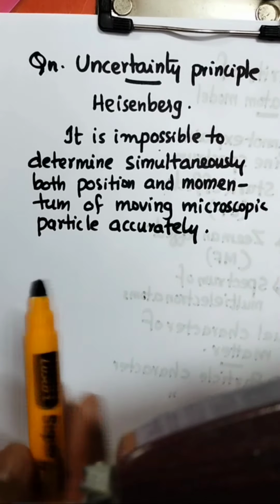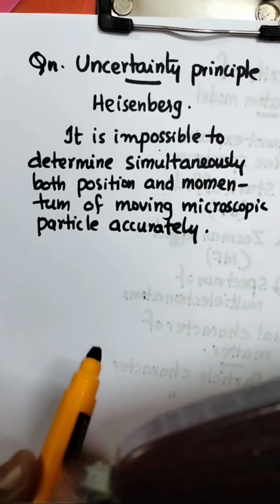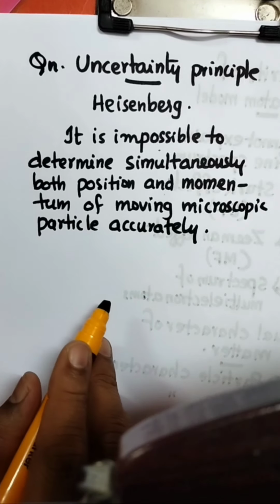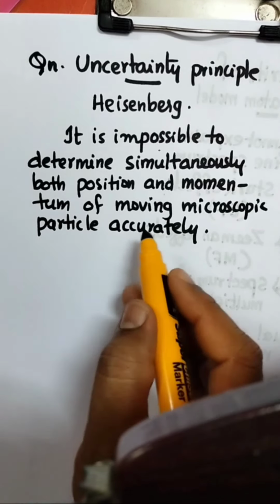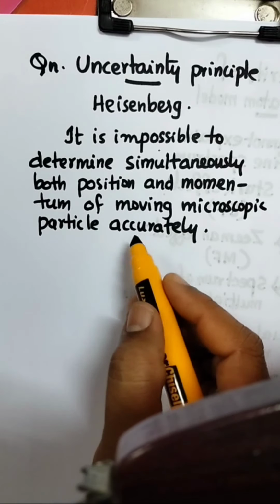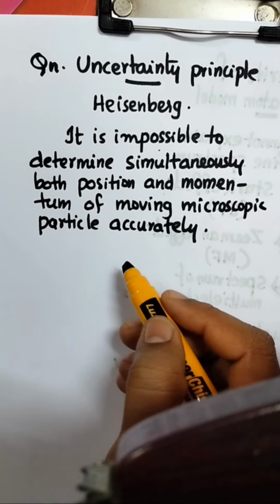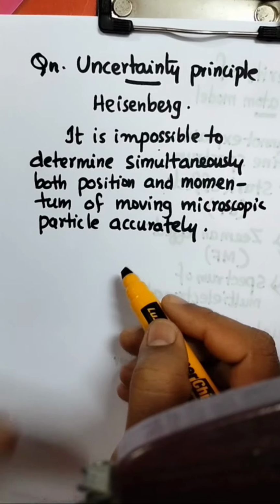If we get the position clearly, then there should be an uncertainty in its momentum. If we get the momentum clearly, then there should be an uncertainty or change in its position.